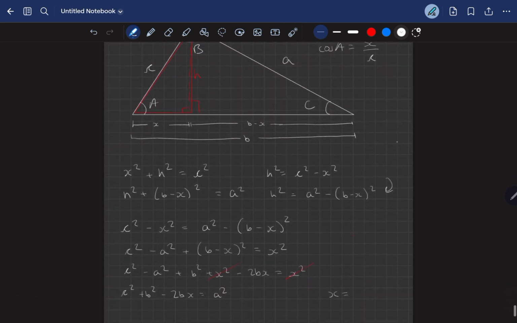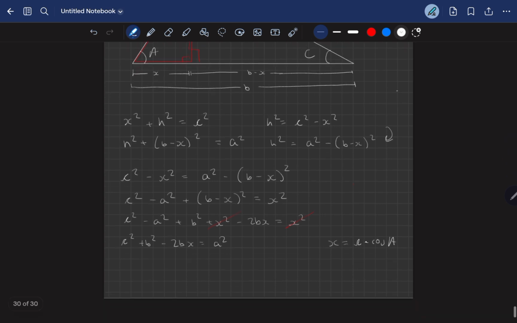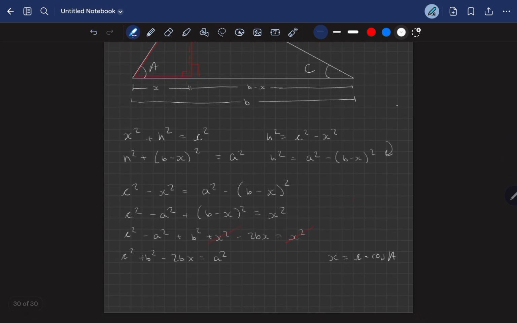We know that x is equal to c times cos a, so a squared is equal to c squared plus b squared minus 2b, I'm going to substitute this in now, 2bc times cos a. And this right here is the cosine rule.